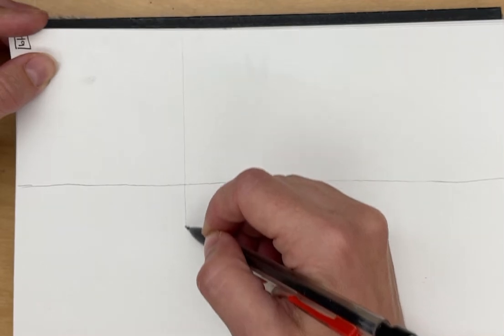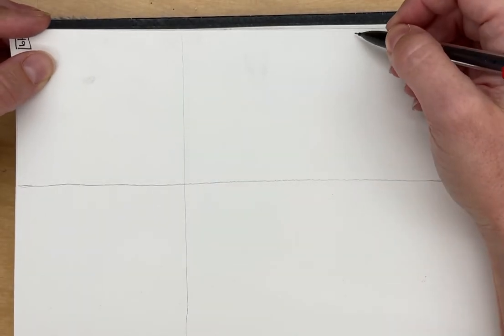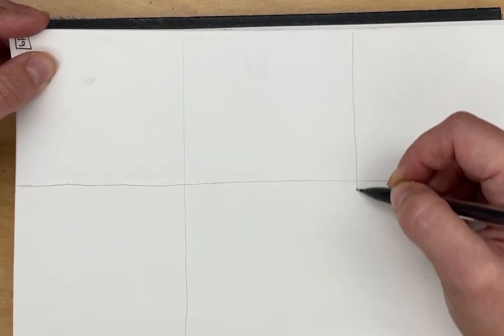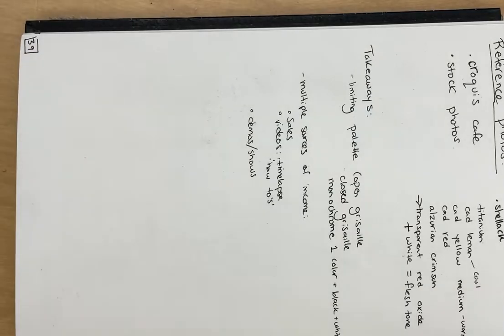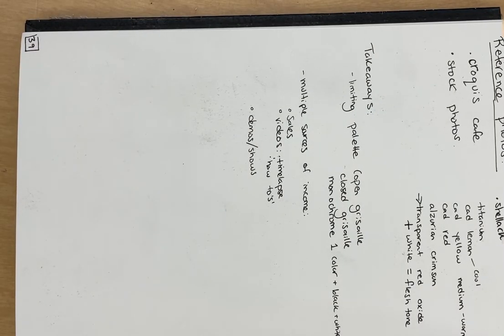So we have 6 boxes to work with. And then in each box, we're gonna label.